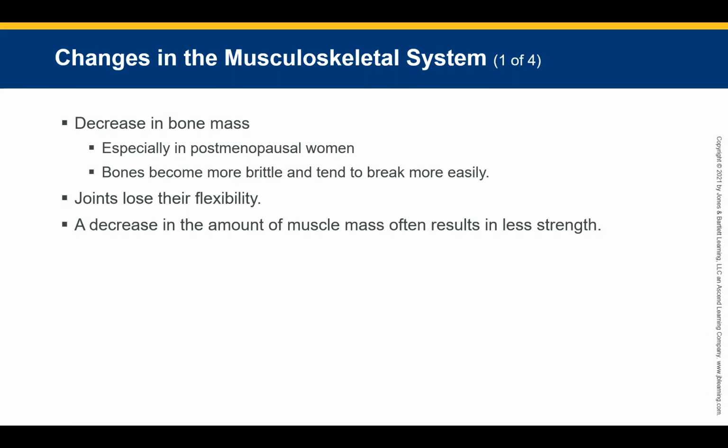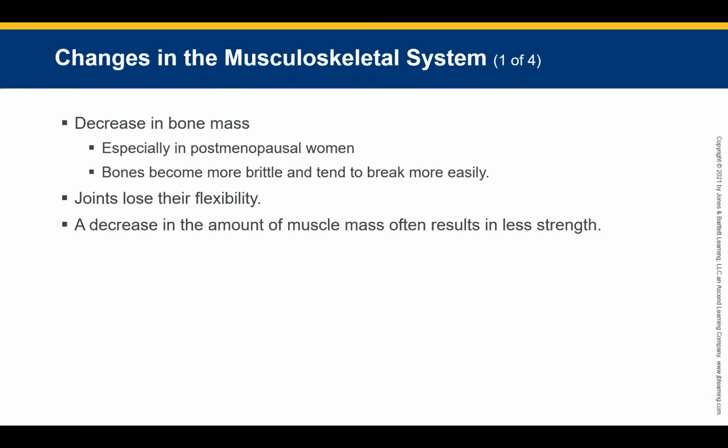Joints lose their ability to flex and may be further immobilized by orthostatic changes. A decrease in muscle mass often results in less strength, which we get. We know we're not going to be able to go to the gym in our 60s. Well, we may. There are a lot of people I know in their 60s who are in a lot better health than I am currently at 42.